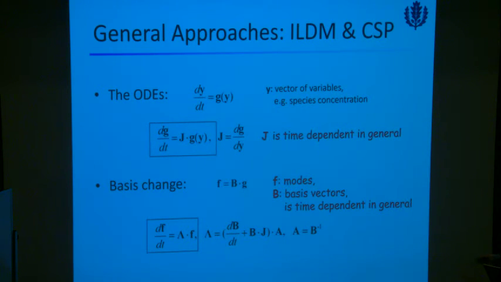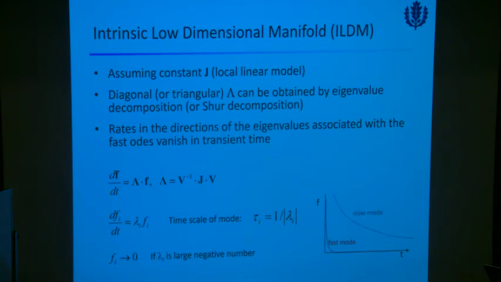The beauty of the mode is that, if it's a linear system, each mode evolves individually by itself. So different modes are decoupled. For example, suppose you are dealing with the ith mode in this vector, dfi equals lambda fi. You know the solution for this one is exponential, right?